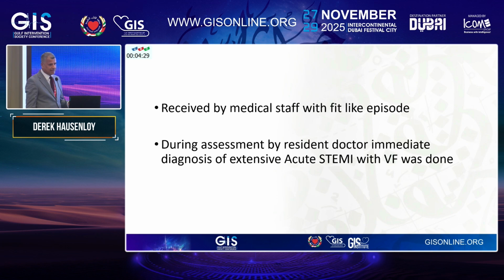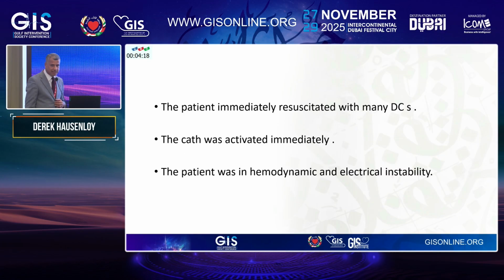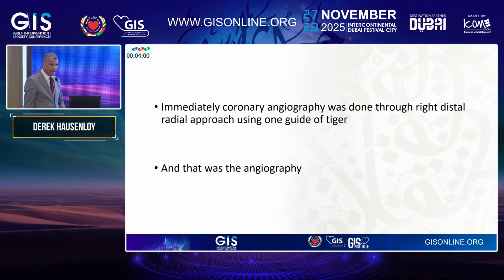But the resident doctor immediately did resuscitation for him, put him on monitoring, and withdrew a blood sample with an ECG. It was an extensive anterior myocardial infarction, and the patient was in a state of fit. It was recurrent attacks of ventricular fibrillation, and he was resuscitated with many DC shocks, and the cath lab was immediately activated.